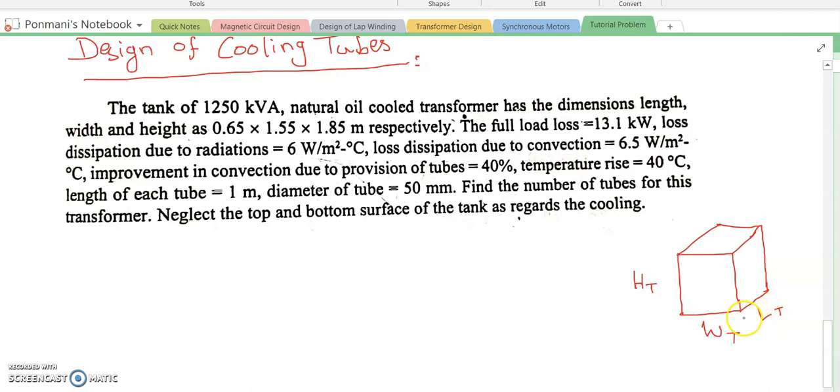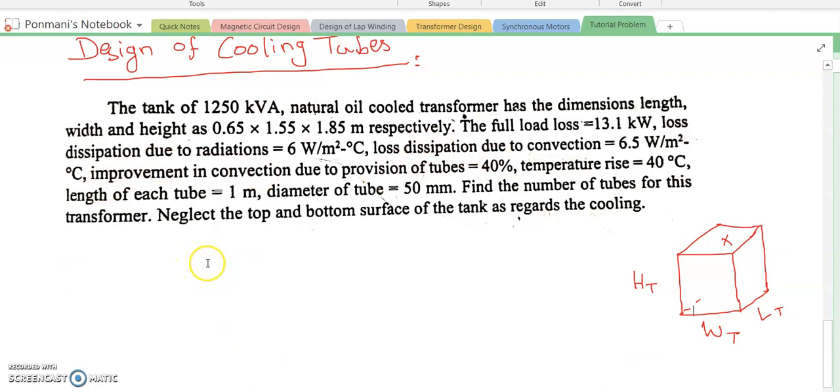Okay, so height, width and length of the tank are given. So bottom and top surface we are not going to consider as cooling surface. So that is not going to be considered.